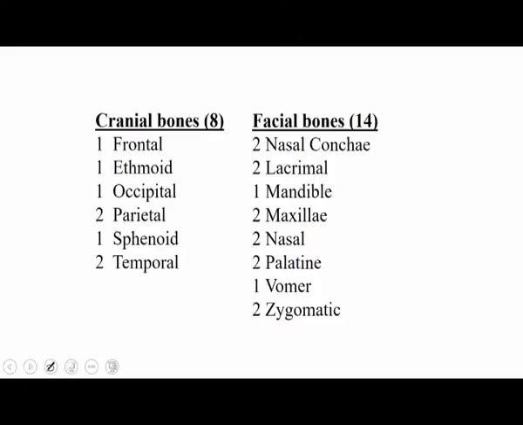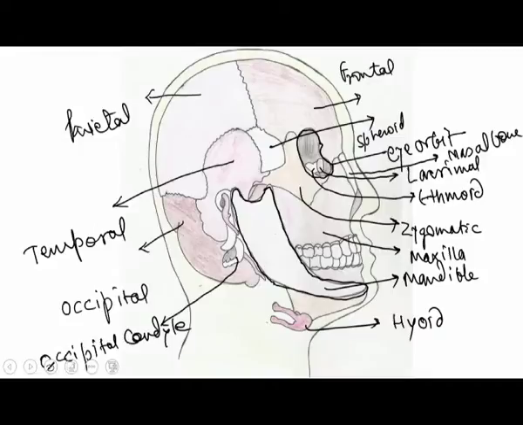And in facial we have 14 bones: 2 nasal conchae, which we will see now, 2 lacrimal bones, 1 mandible, 2 maxillae, the upper jaw bone, 2 nasal bones, 2 palatine bones, we will see what the palatine bone is, then 1 vomer and 2 zygomatic bones. So, we will see the whole structure here.